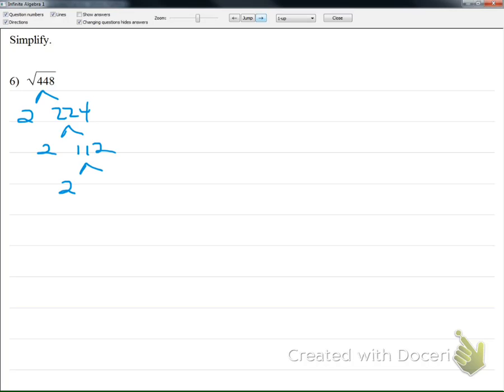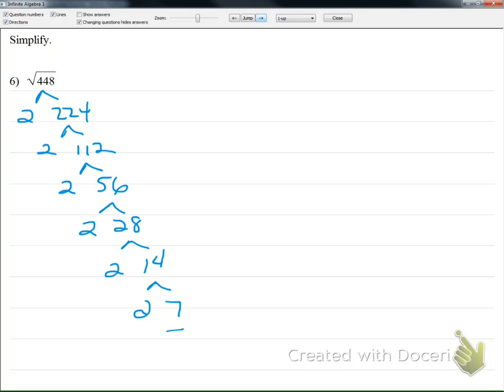I think it's 56, just a second. Yep, 56, which is divisible by 2, which is 28. 28 can be divided by 2, which is 14. 14 can be divided by 2, which is 7, and 7 is prime, so we're done.